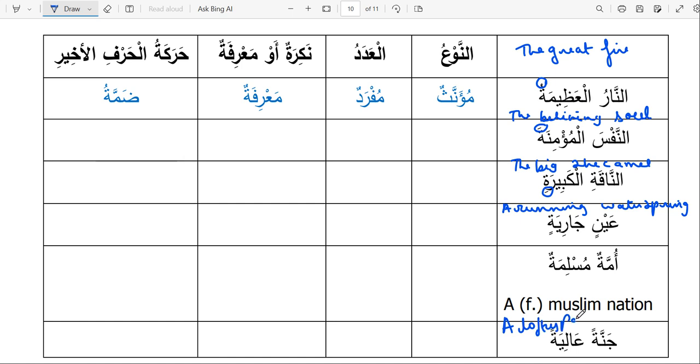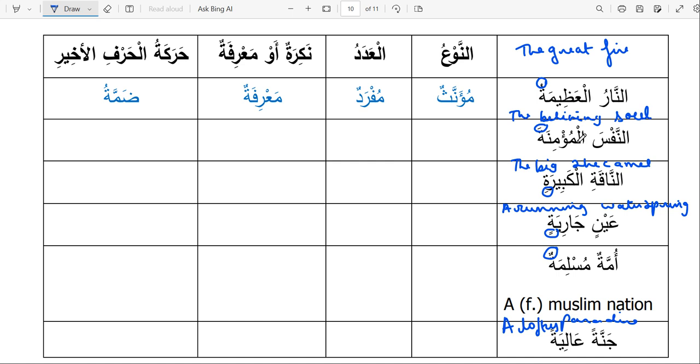So now these are actually in different cases here: kasratain, dammatain, fathatain. So now you need to put the types. If it's feminine or masculine, this lesson is on feminine. So all the words coming here are all feminine. So you put all feminine here. Al-adad, actually we are not doing plurals right now. We are only doing the singular now. So you will put all mufrad here. And now you should recognize, is it a marifa or is it a nakira?